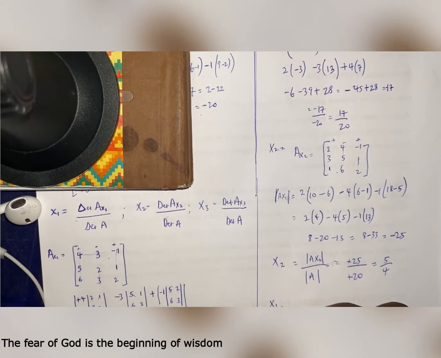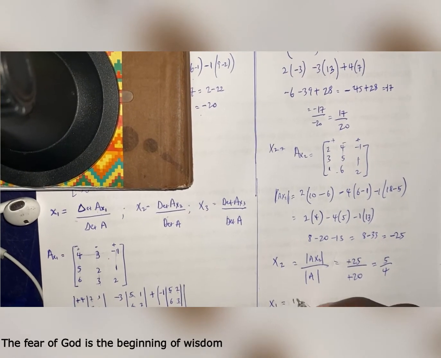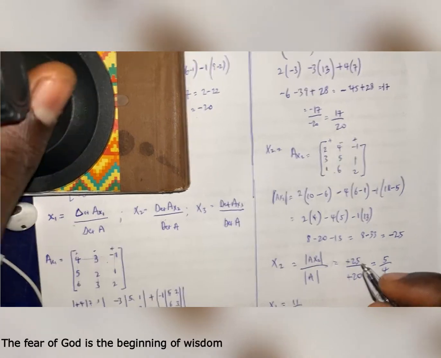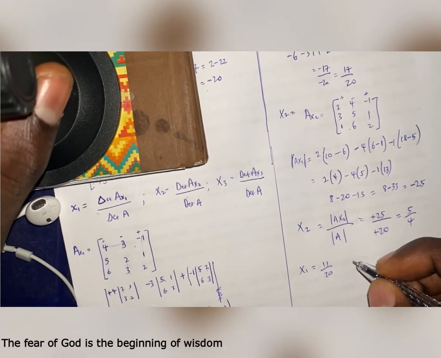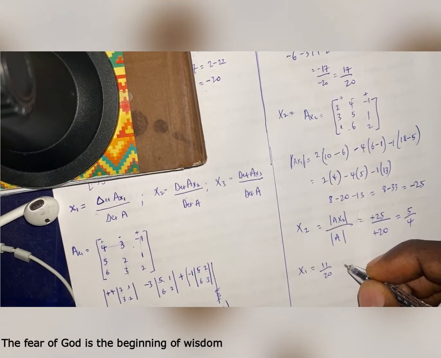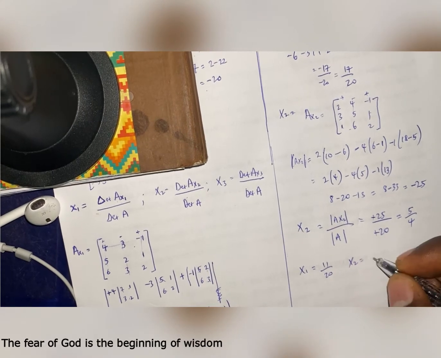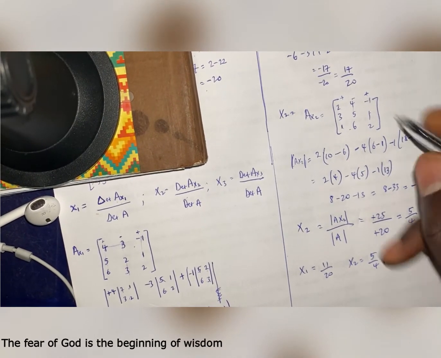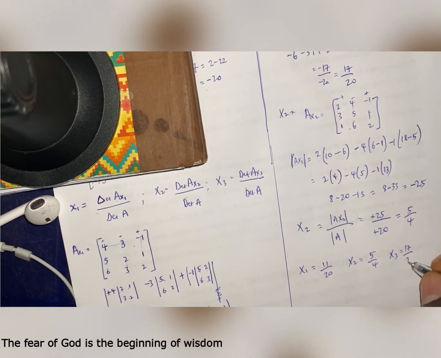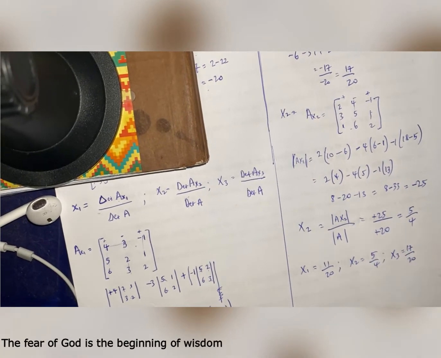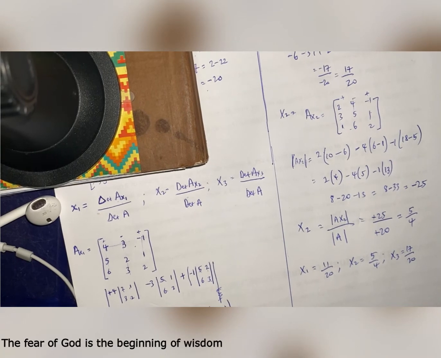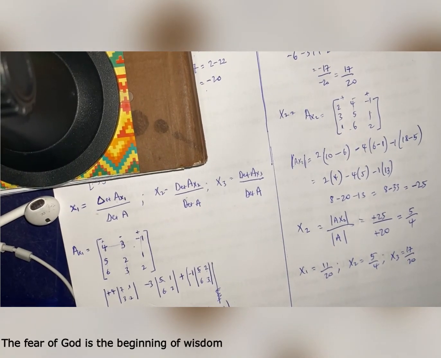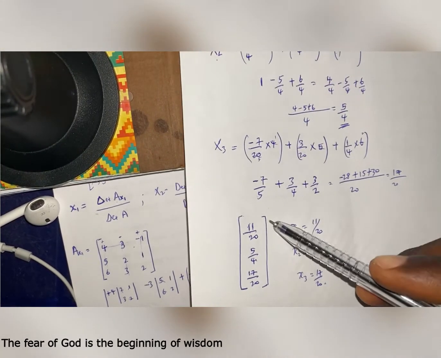So our x1 equals 11 over 20, x2 equals 5 over 4, and x3 equals 17 over 20. And that is it. Remember, the answer is the same as the answer we got for our matrix inversion.